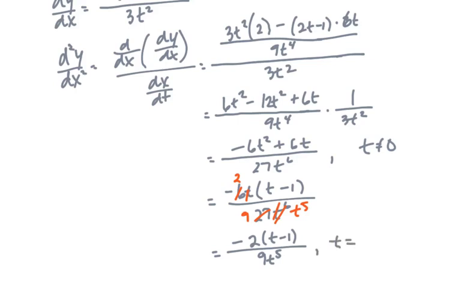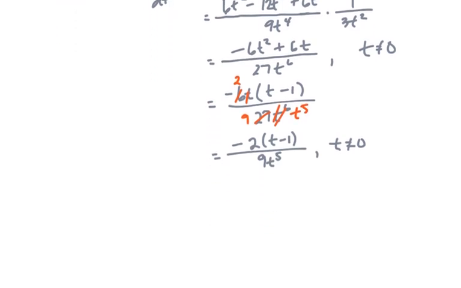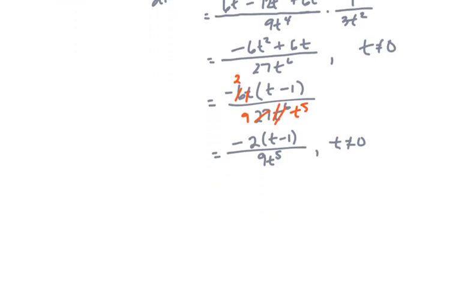And remember, still t does not equal 0. In order to check for concavity, we're going to look at our second derivative. Now we know that if the second derivative is positive, then our curve is concave up at that point.